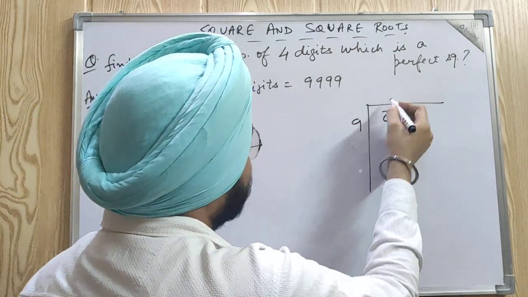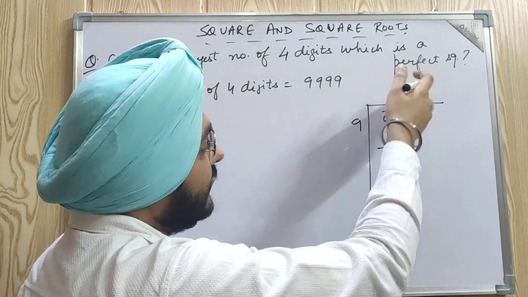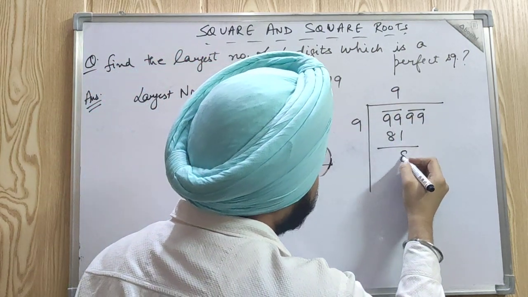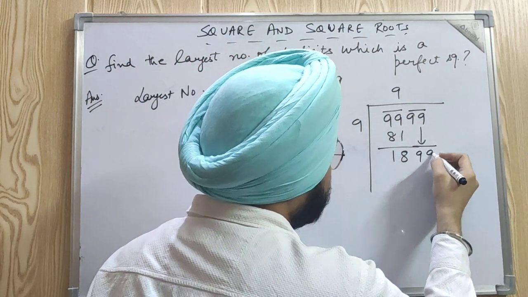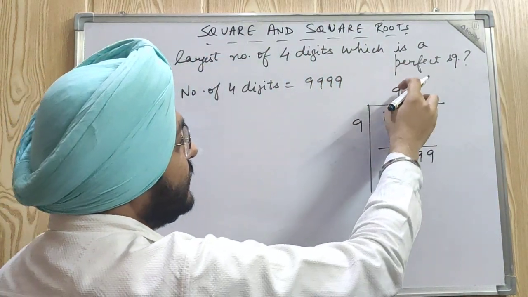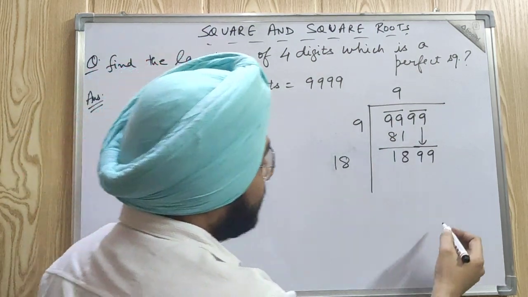Now 9 into 9 will be 81, because 8 into 8 will be 64 and 9 into 9 will be 81. So 9 minus 1 will be 8, 9 minus 8 will be 1. This pair comes directly down. So 9 plus 9 will be 18, and accordingly it will go with 9 only.